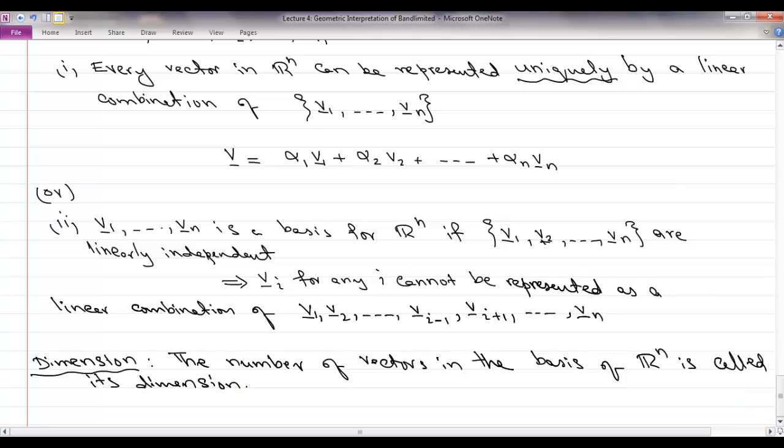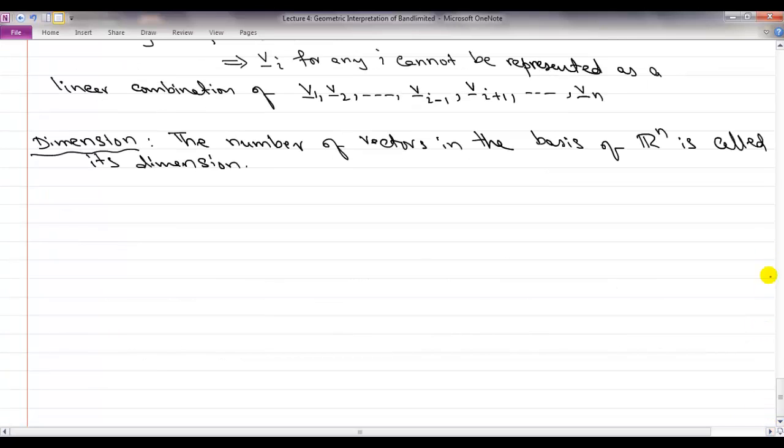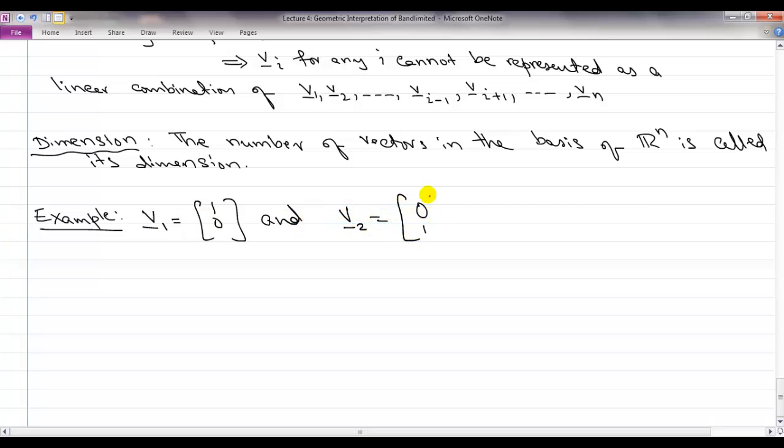And similarly, there is a third thing we can do in Rn, which is that of projection. But before that, let me just give an example of bases. Of course, in R2, the bases are the canonical vectors. v1 equals (1, 0) and v2 equals (0, 1) are a basis for R2.